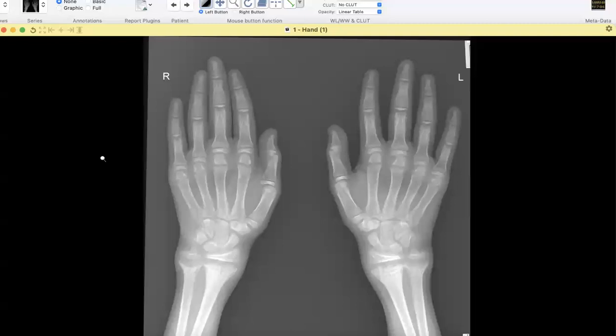But to me, this appears to be quite typical for rickets. Rickets is caused by the deficiency of what nutritional agent? It is caused by the deficiency of vitamin D.